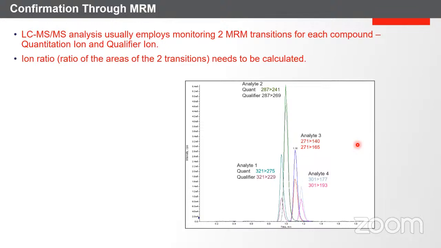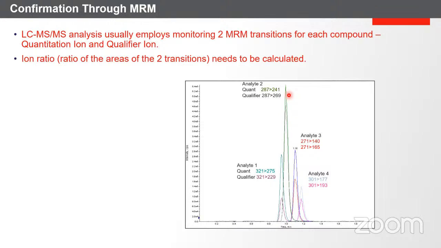Why do we need two unique transitions? Transition 1 will be used as a qualifier. That means this is the same peptide or this is the same metabolite which we are interested in. And the second most intense peak is used for your quantitation purpose.